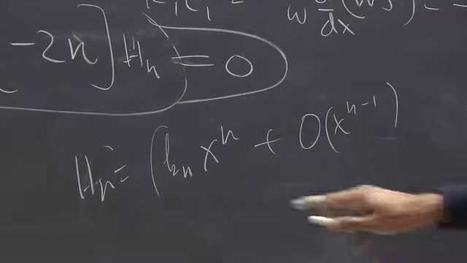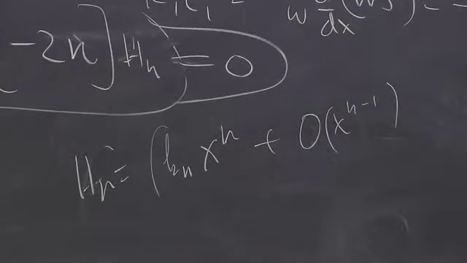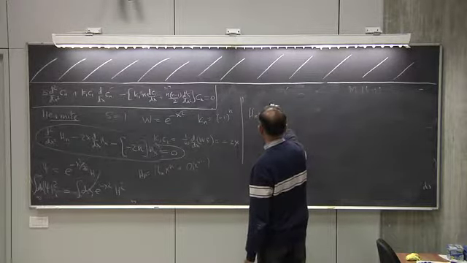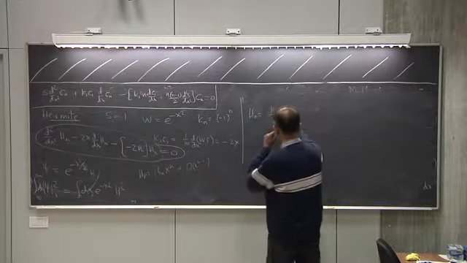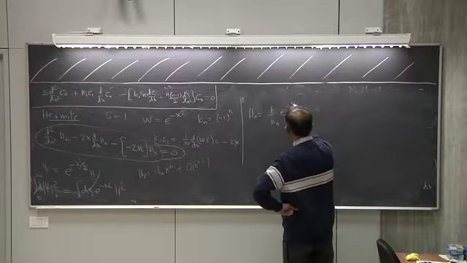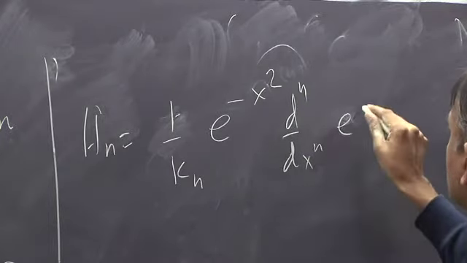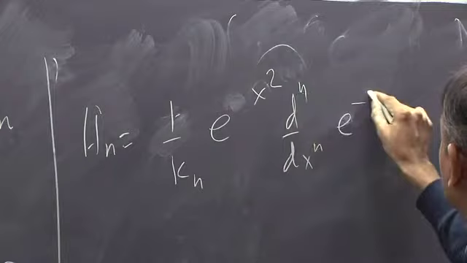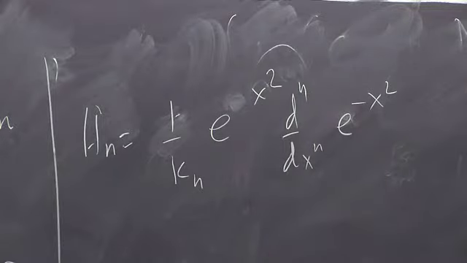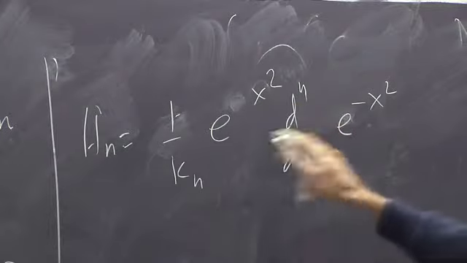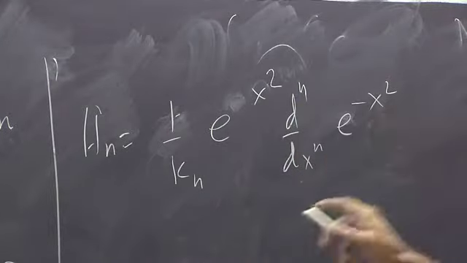To determine Kn, we just look at the equation, which is Hn equals 1 over Kn e to the plus x square, d^n/dx^n of e to the minus x square. This was 1 over w, d^n times w, but s is 1. So this is what it is.